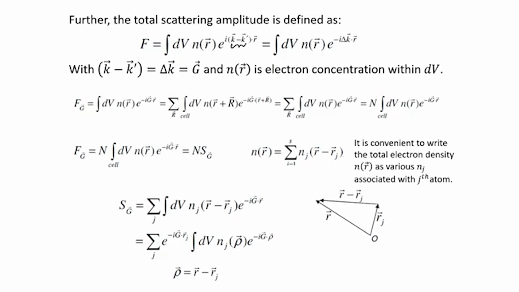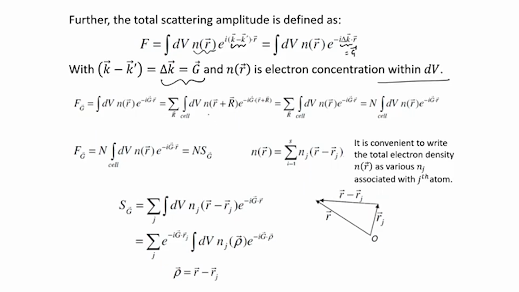Once again, k and k prime are the incident and scattered X-ray wave vectors. n is basically the electronic concentration within a small volume dV, and k minus k prime equal to delta k has to be equal to g, the proper reciprocal lattice vector. So, if you put delta k equal to g in this, we have n(r) exponential minus i g dot r.